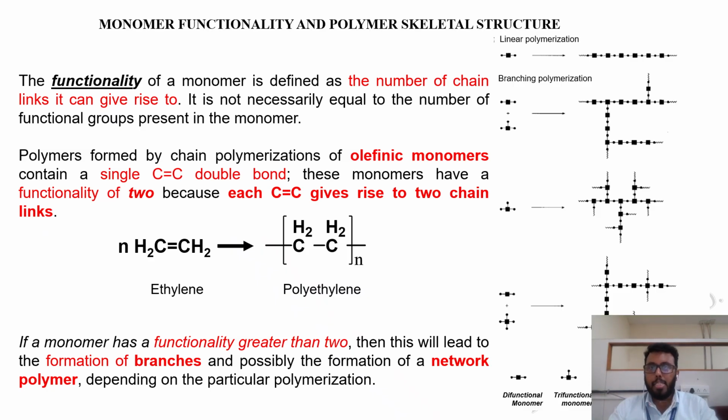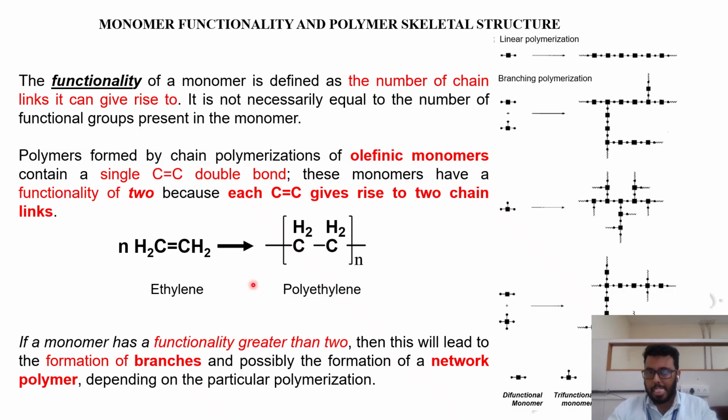Okay, let's move on to the monomer functionality and the polymer skeletal structure. The functionality of a monomer is the number of chain links it can give rise to. If it can give rise to 2 chain links, then the functionality is 2. If it can give rise to 4, the functionality is 4. That's simple.